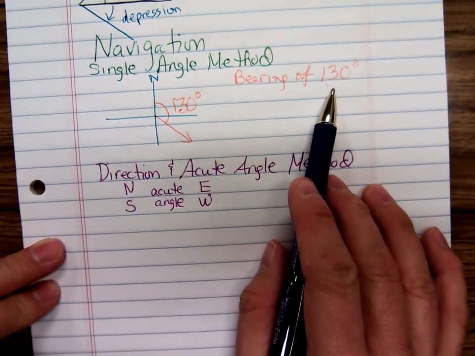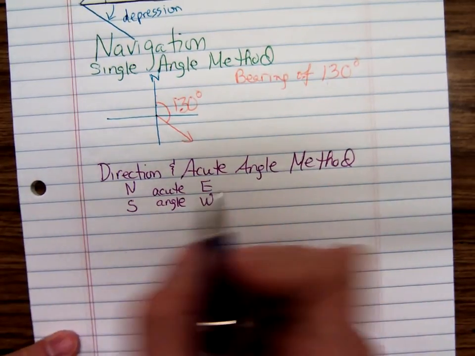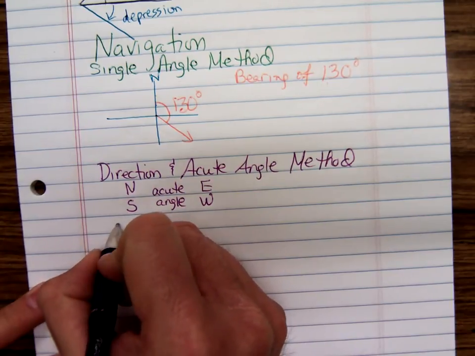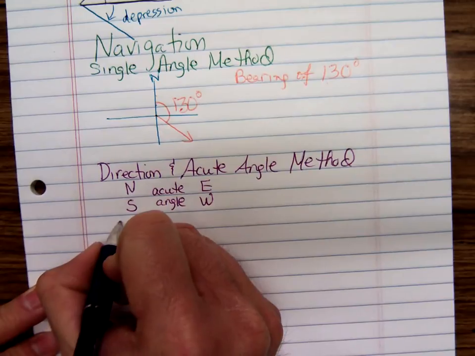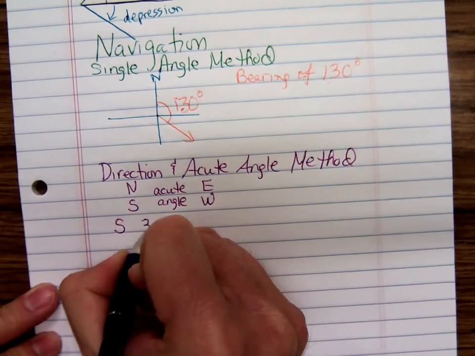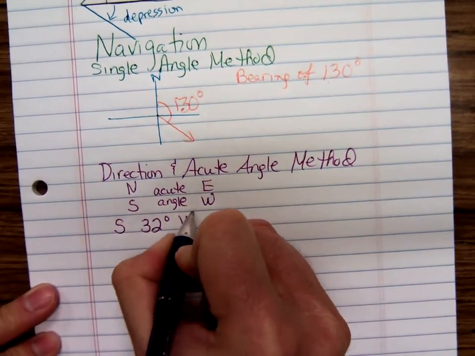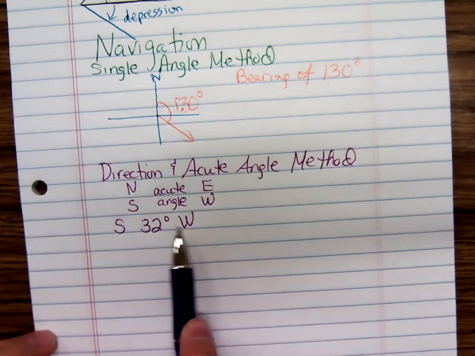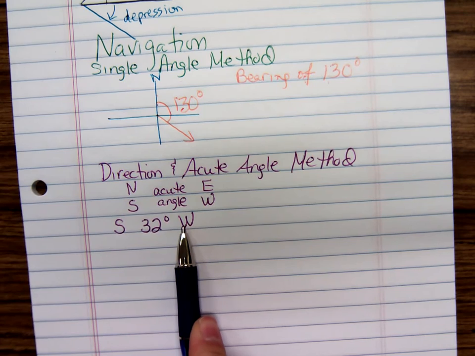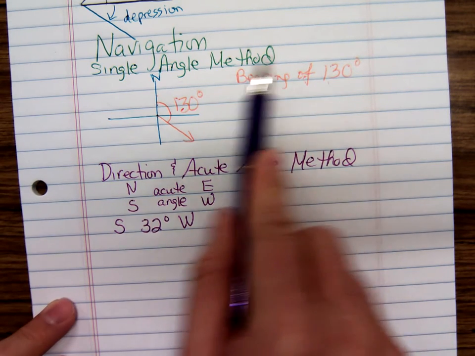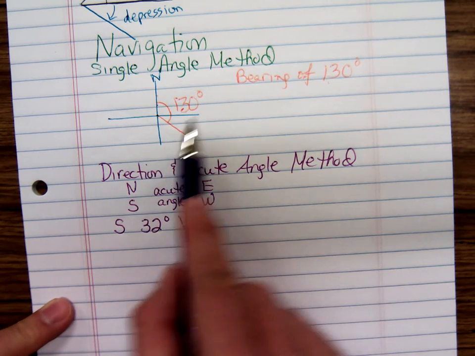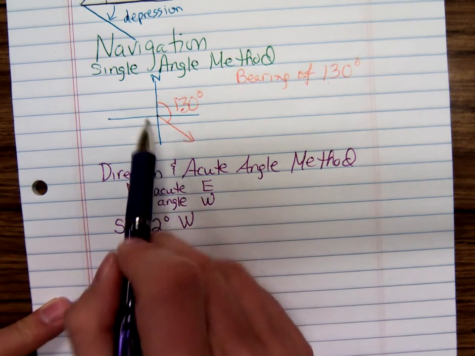So if a ship were traveling on a bearing of, let's say, south 32 degrees west, with this method, it's telling you southwest. It's going in a southwesterly direction. Whereas with the single angle method, you sort of have to think it through to decide, okay, is it going northeast, southeast, or something.